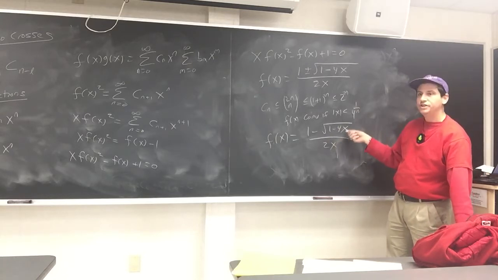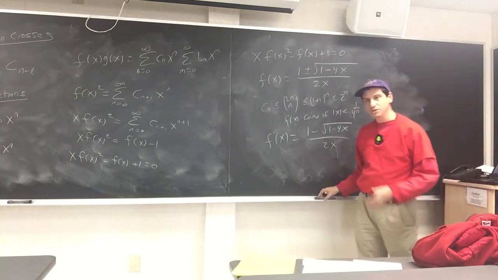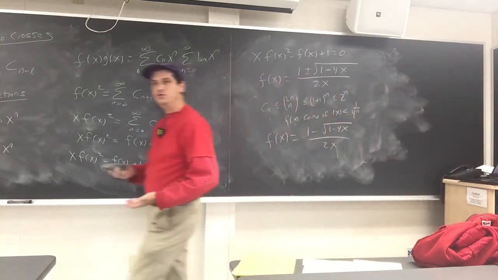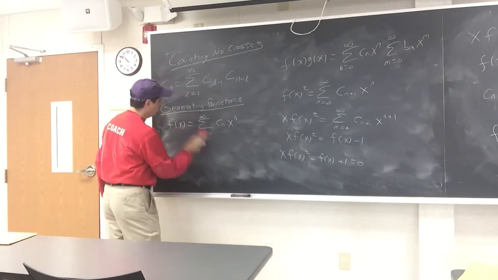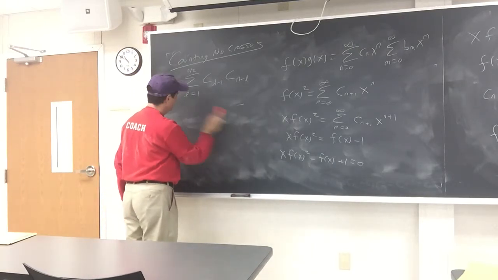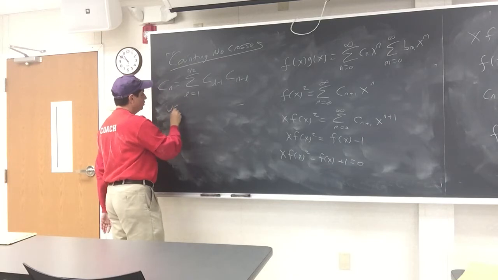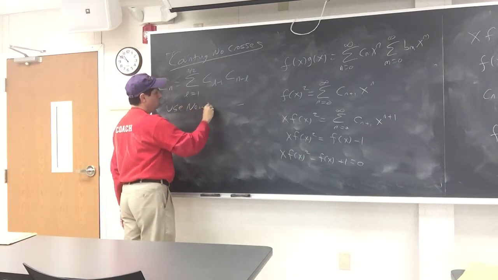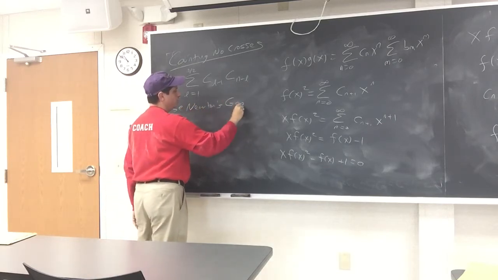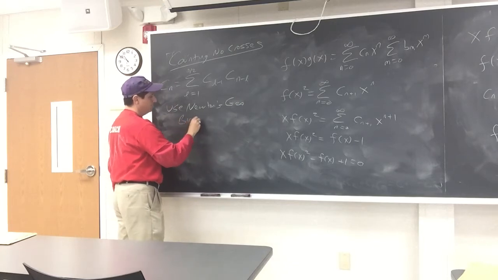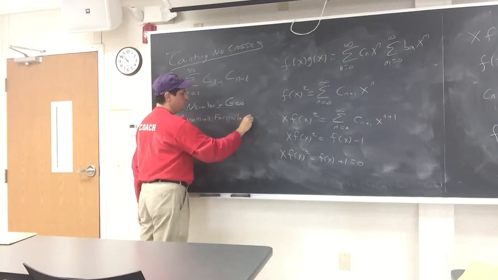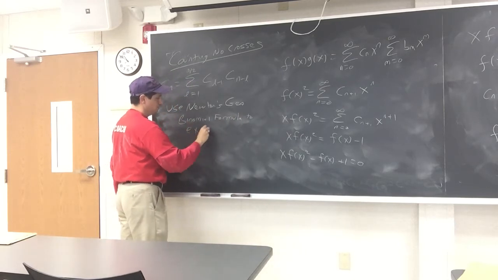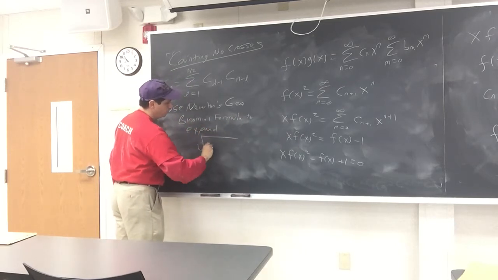Okay? Now all that is left is expanding the square root. And if we expand the square root, then we're done. So you just need Newton's generalized binomial formula. So I will leave that as an exercise, but use Newton's generalized binomial formula to expand the square root of 1 minus 4x.